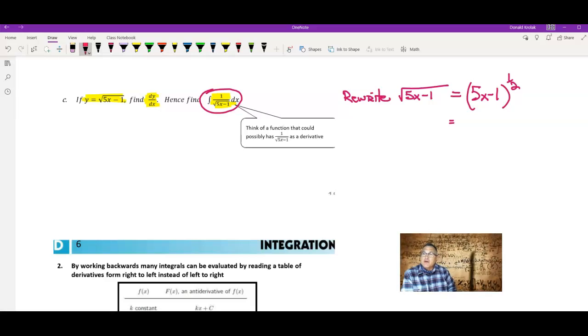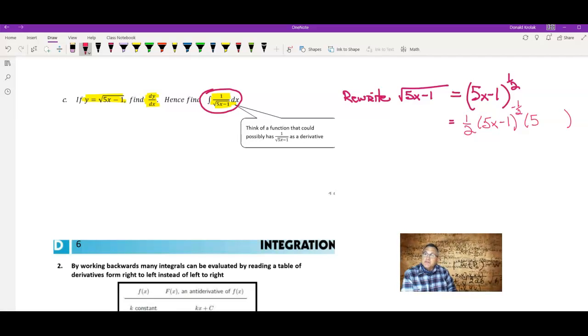All right, so I've got 1 half comes out front using the chain rule, (5x - 1). Subtract 1 from 1 half, that gives us negative 1 half, times the derivative of whatever's in my parentheses there, which is going to be 5. Right?